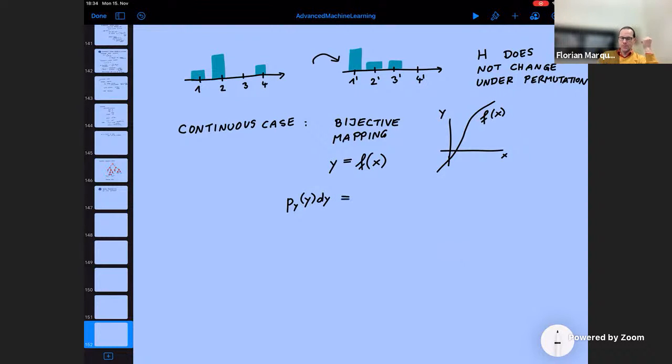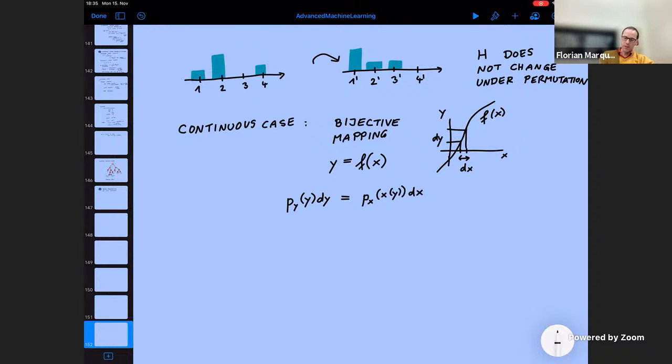And this should be the same probability that I would get if I multiply the X probability density at the corresponding value of X that corresponds to this value of Y, because there's a bijective mapping, and multiply with the corresponding interval of X. So it's basically like saying, I can look at this X interval, or I can look at the corresponding Y interval. But they represent the same thing. So if I calculate the total probability in each of these intervals, it's the same thing.